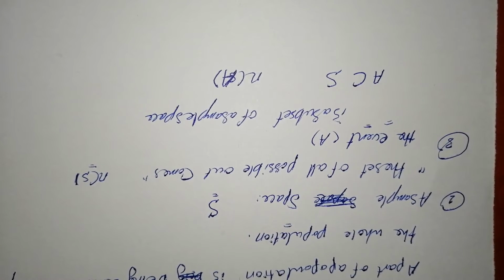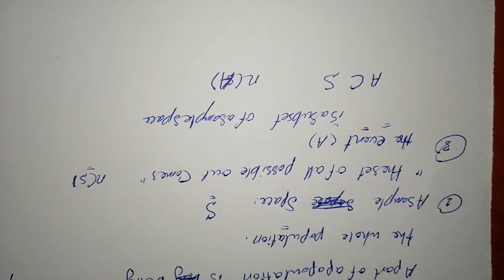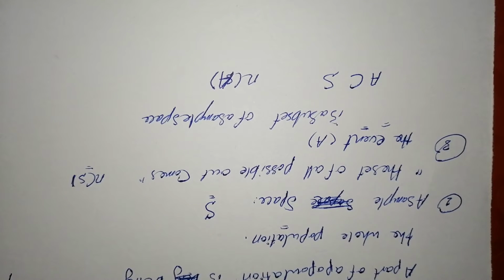So these two students are the sample for this population, which I mean this class. And the sample space is all of your class students. So it's a sample space of all of our classmates. That's very good. So the event is a part of our class, which is a subset of our class.